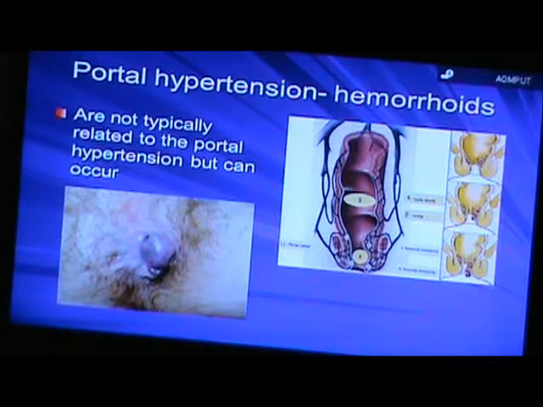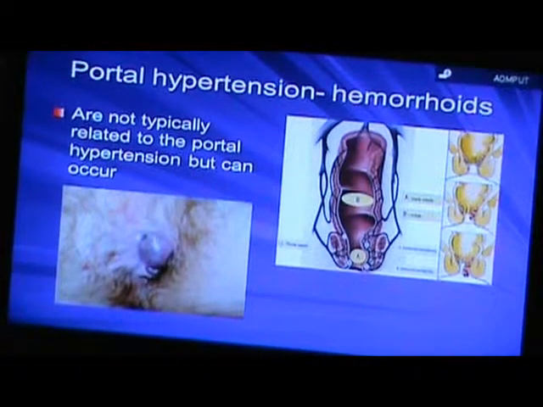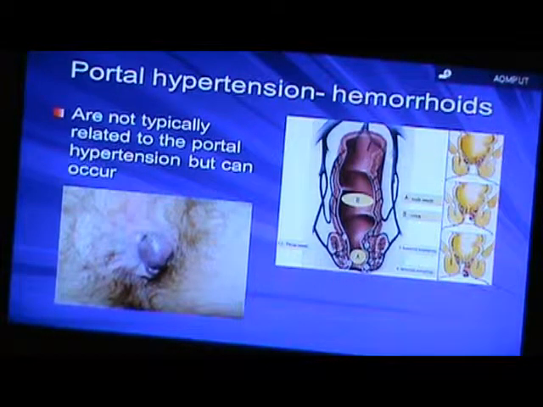Look, here we have the posterior surface of the anal canal and rectum. Here we can see the superior, middle, and inferior rectal veins. Where there is blockage in the portal venous system, the blood can't return through the superior rectal vein, and the blood runs through the middle and inferior ones, which are also distended and form the hemorrhoids.